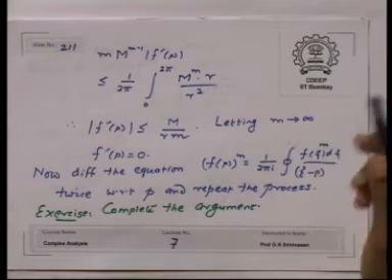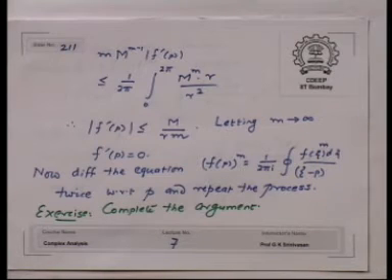Again differentiate and show that f triple prime of p is 0. The power series for f centered at p reduces to a constant. So in a small disk centered at p, the function is a constant, and again you have to use a connectedness argument to show that it's constant everywhere.